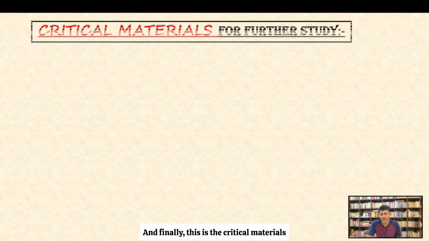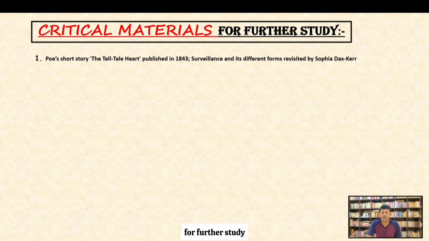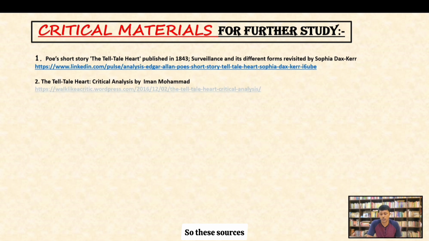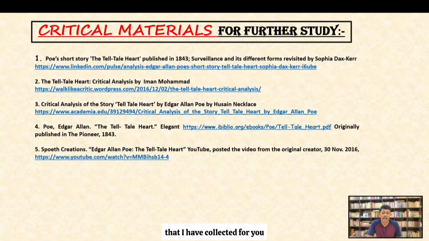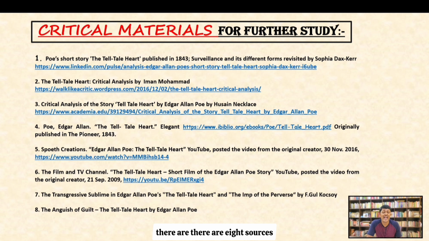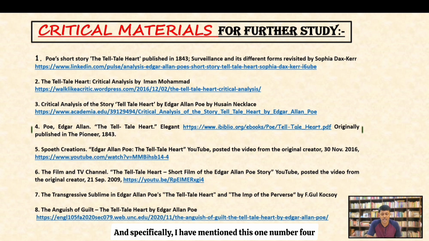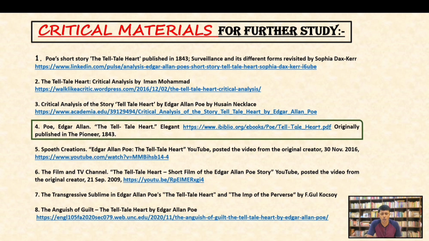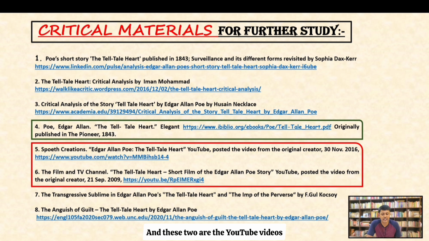And finally, these are the critical materials for further study. There are the sources also. These are the sources that I have collected for you, there are 8 sources, and specifically I have mentioned number 4. It is about the text, so you can get the text from here, and these two are YouTube videos. For this one, Edgar Allan Poe The Tell-Tale Heart on YouTube, if you click on the link, you can directly get to the video.